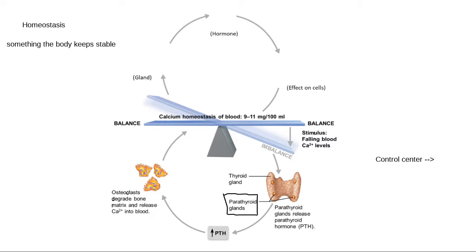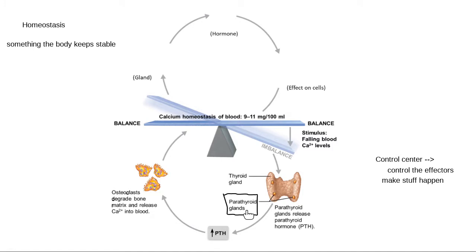Control centers process a message, but I would say the most important thing when identifying the control center is that its job is to control the effectors, or basically make stuff happen. Let's put it in the most plain ways: make stuff happen. So in this homeostasis loop, when my calcium is too low, what's going to make something happen is the parathyroid gland.